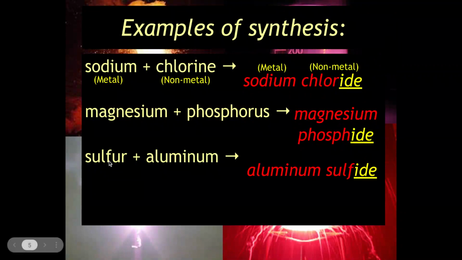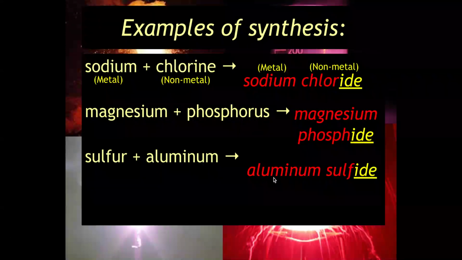Here aluminum was our metal. So aluminum goes first, and then sulfur is a nonmetal, so that's why we put it second. And we change the ending of the nonmetal to "ide." Okay, so those are some examples of synthesis reactions.